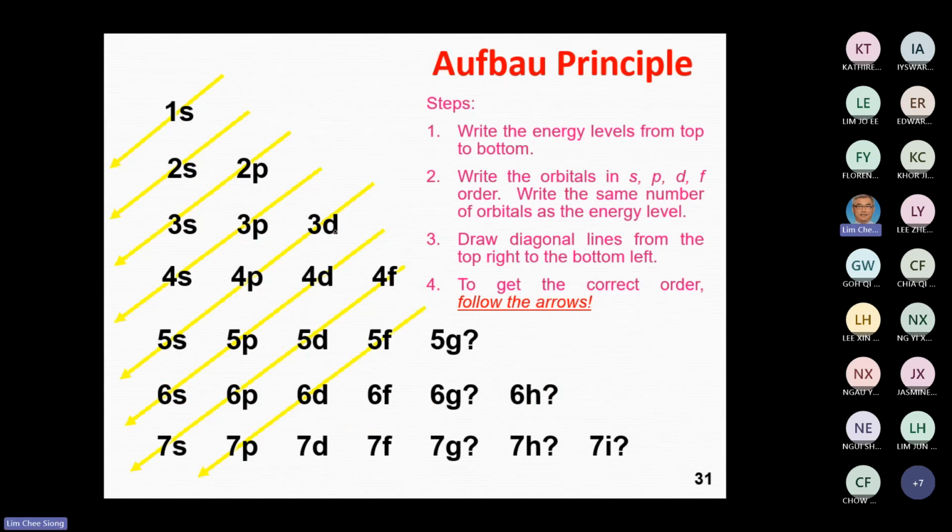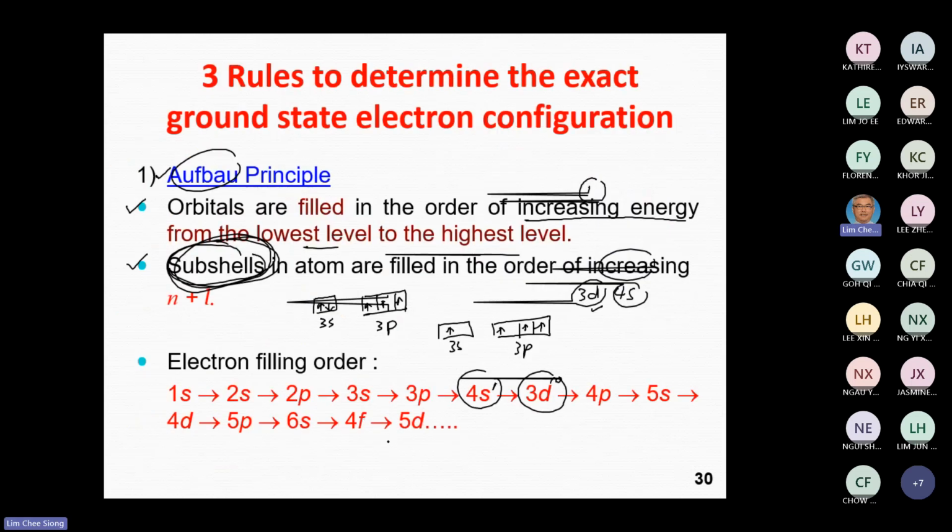Some students say, Mr. Lim, I'm weak in remembering it. Okay, if so, you can follow the sequence over here. You only need to remember until this one, then you can stop here in your syllabus. Just follow the sequence. 4p, 5s are not in your syllabus. We won't ask you. Furthermore, 4f and so on: 4f only comes out once, in topic number 5, when we study about Pb.